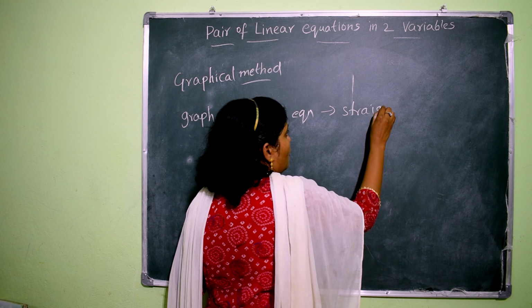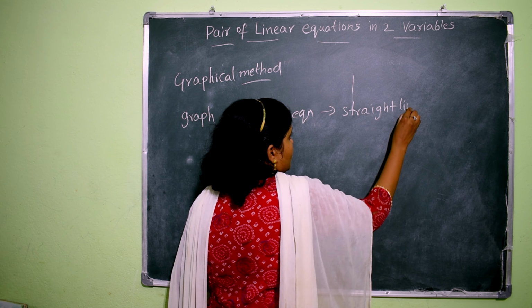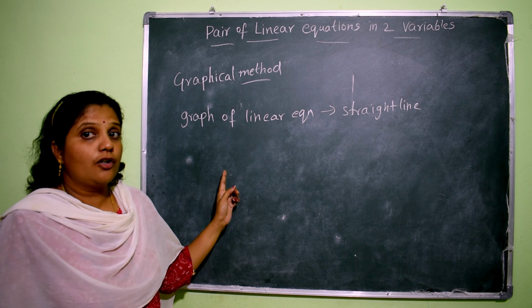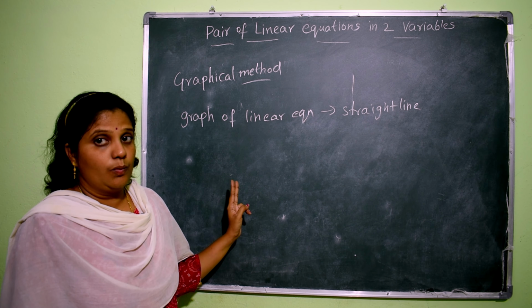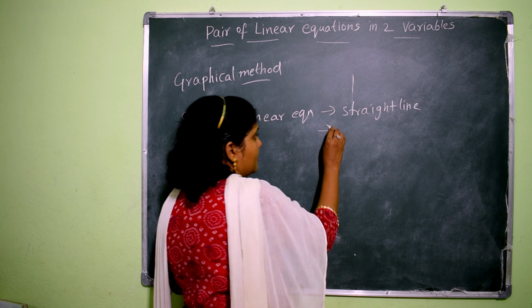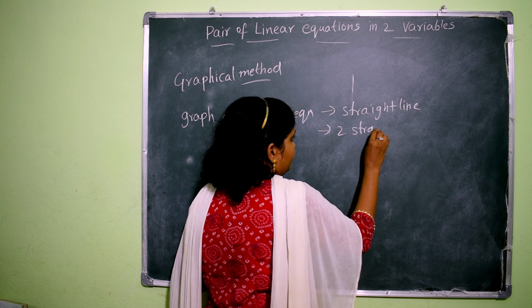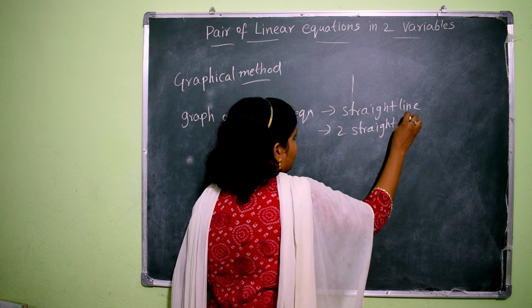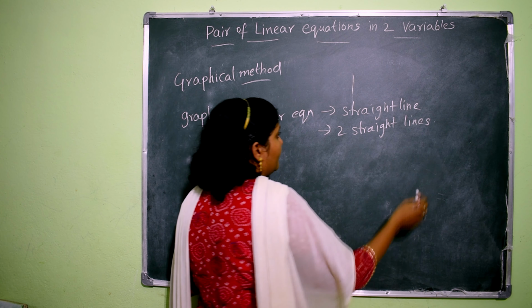So here we got how many linear equations? 2. So a pair of linear equations. So here we will get two straight lines. Okay.